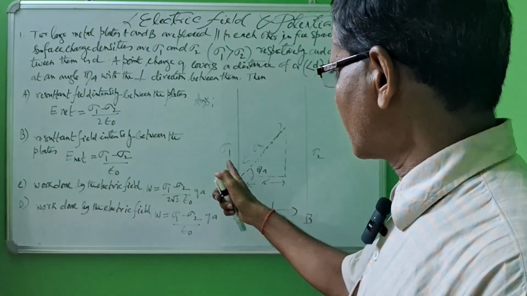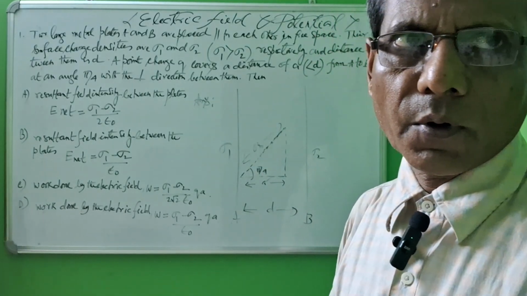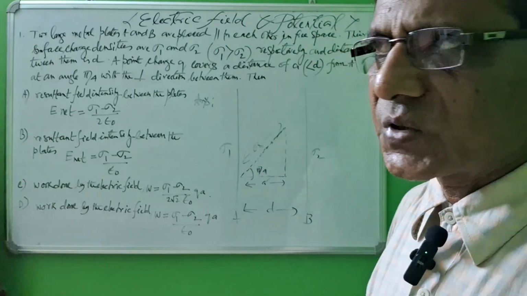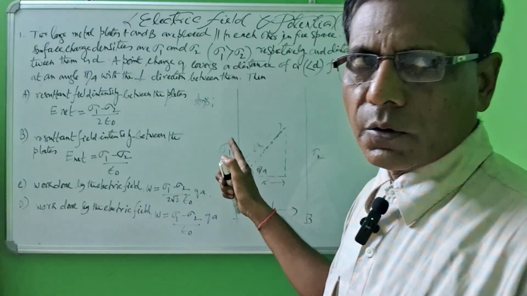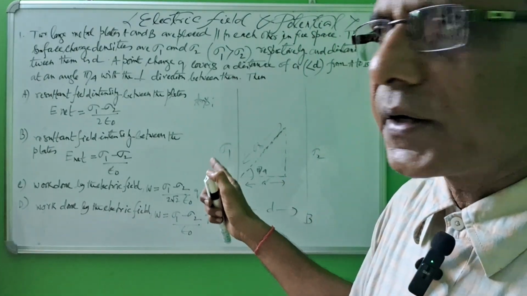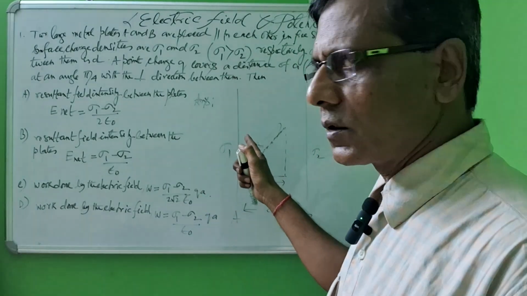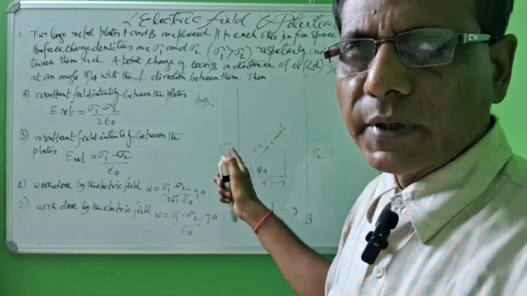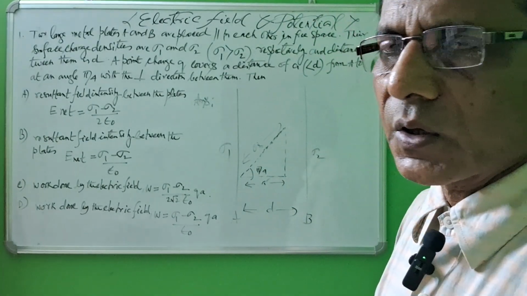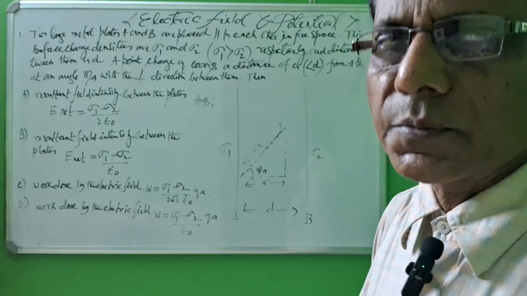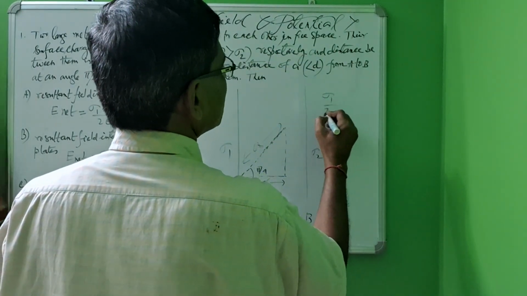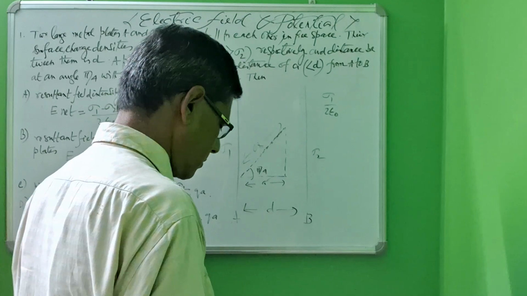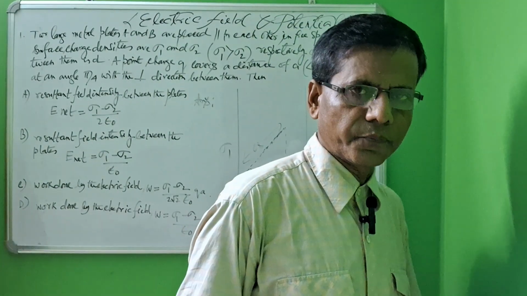Because there are sigma 1 and sigma 2 surface charge densities, the field intensity nearer to plate 1 equals sigma 1 upon twice epsilon naught, which comes from Gauss theorem.